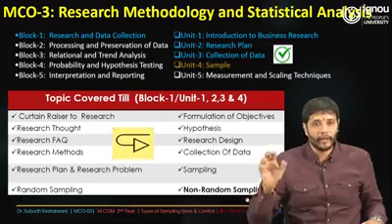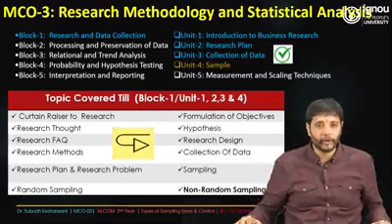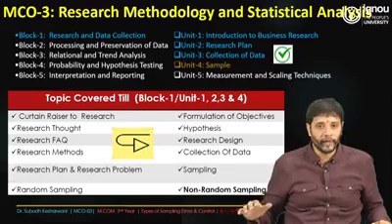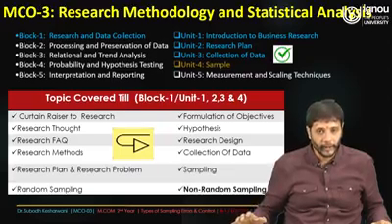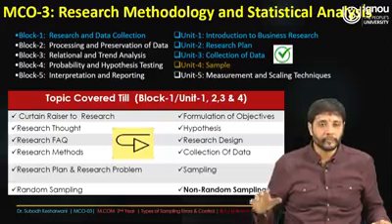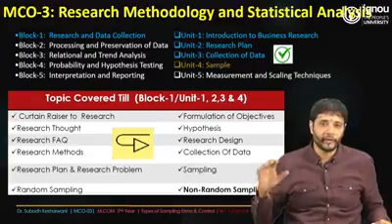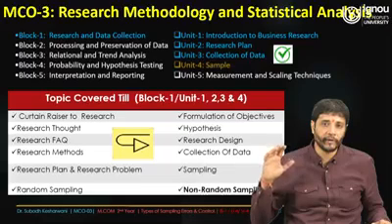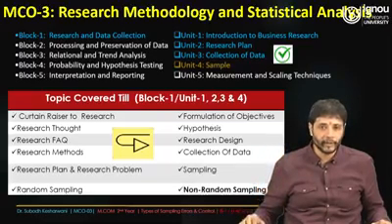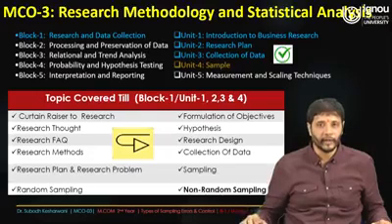Anyway, this is part of our course called Research Methodology in Statistical Analysis. We have covered somewhere around 10 to 12 lectures in this course, and in the first block we are concentrating on research and data collection. The very first unit we have already talked about: business research, introduction to research, and then the research plan.